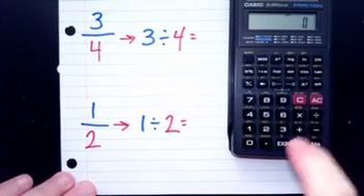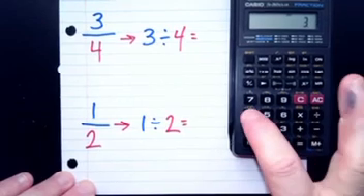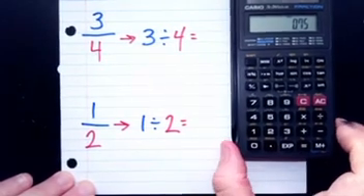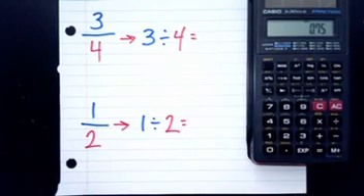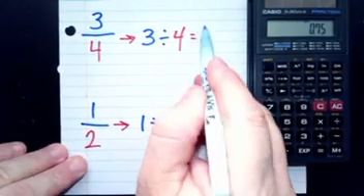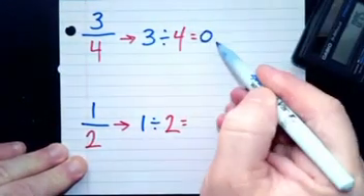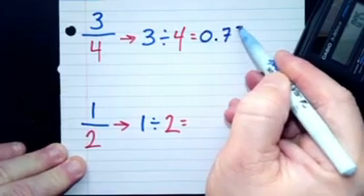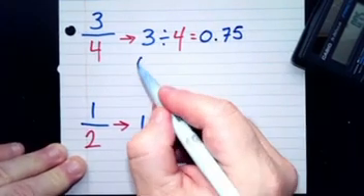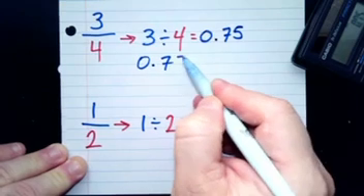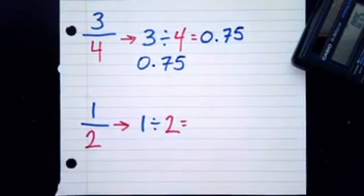So clear again. 3 divided by 4 equals 0.75. So I'm going to write that down here, 0.75. And I want to convert that 0.75 into a percent.